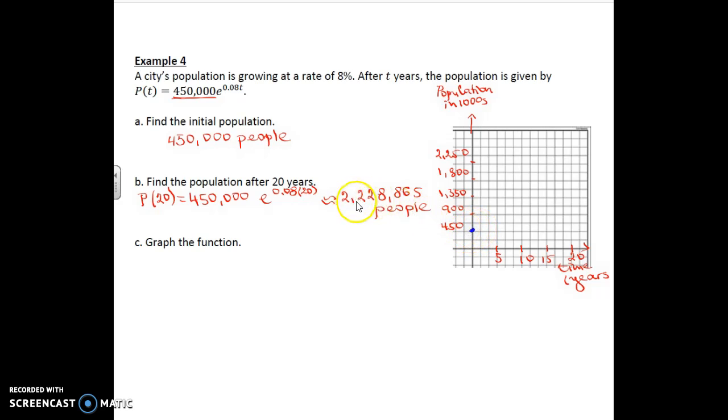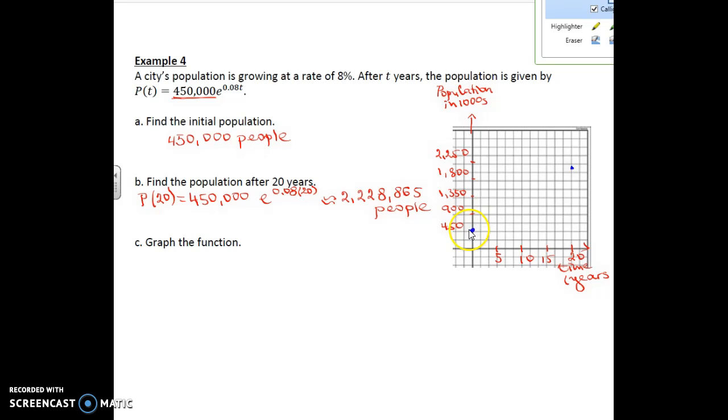My next point, we calculated right here. At 20 years, it is a little bit less than 2,250,000. So I'm going to estimate a point right there.